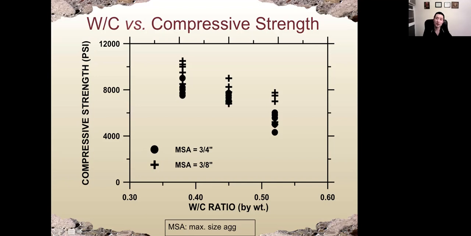If we reduce the size of aggregate, we increase the strength for the same water cement ratio. We discussed that before, because by using smaller aggregate, we reduce the stress concentration and stress gradient in the ITZ. So the concrete will crack later, so the concrete will have higher strength.